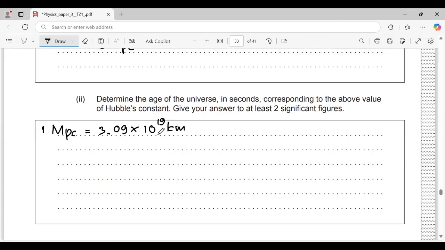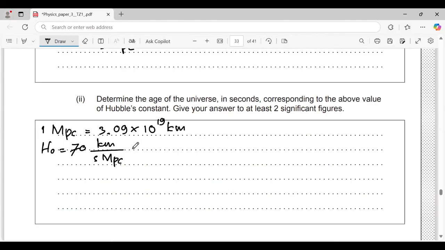And we are going to convert the Hubble constant H0. H0 is 70 kilometers per second per Mpc.